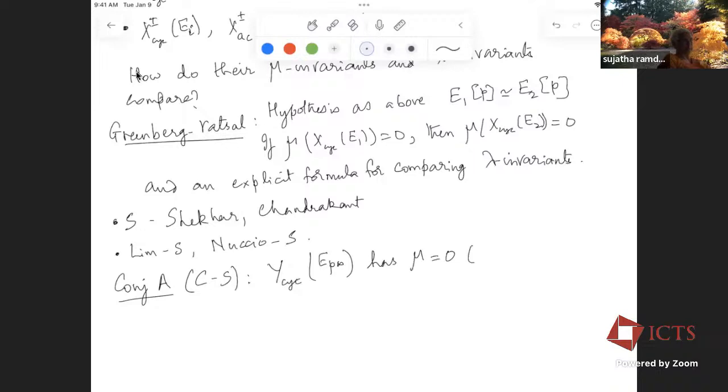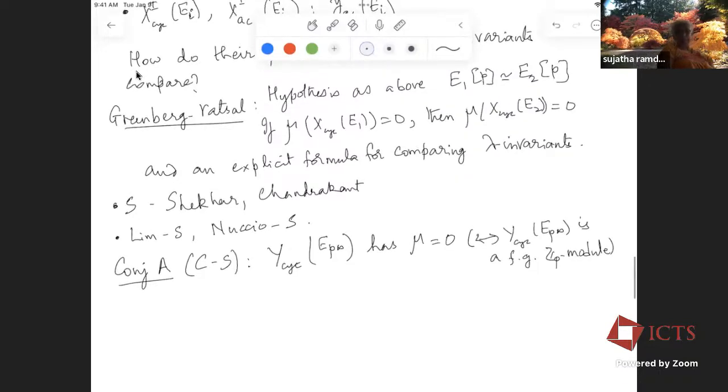In other words, this is the same as saying Y cyclotomic of E[p^∞] is a finitely generated Z_p-module. The mu invariant is somehow one of the difficult invariants to work with in Iwasawa theory. And if it vanishes, then you're quite happy. So that's the reason you want to understand when the mu invariant vanishes and so on.